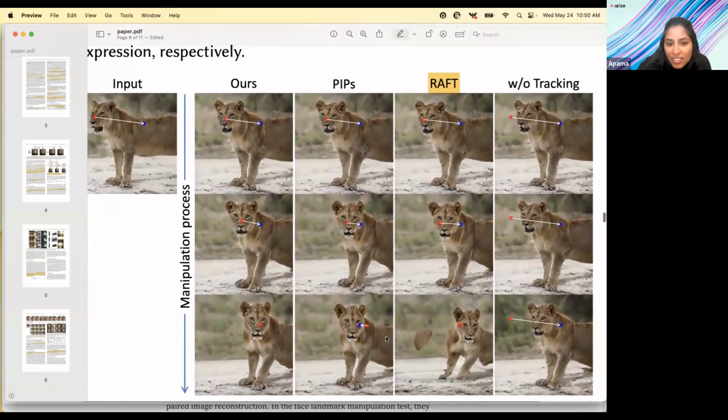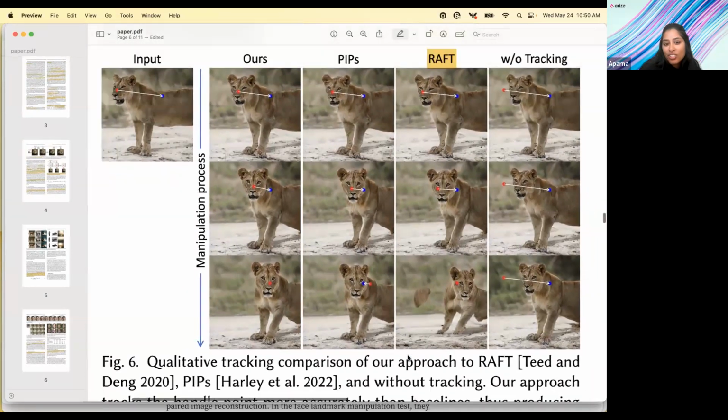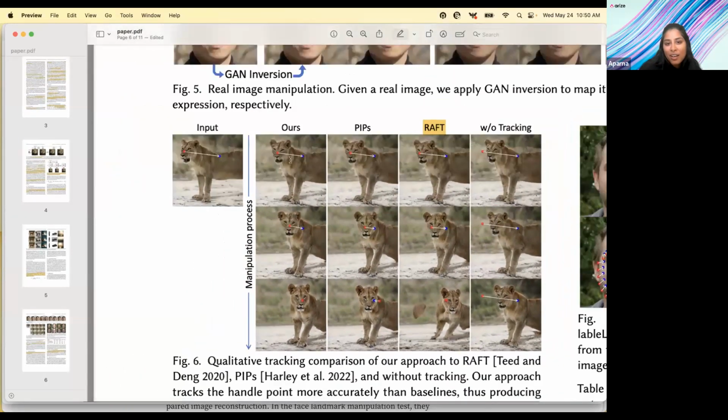Here, there's still a little bit of a miss, or the scenery was a little bit off in Raft. So it was interesting seeing slight differences between the previous approaches and theirs. And it got it slightly better, I'd say.